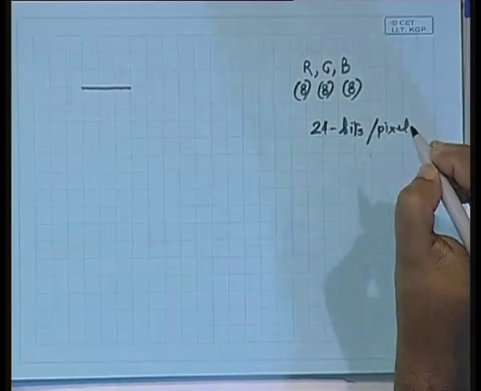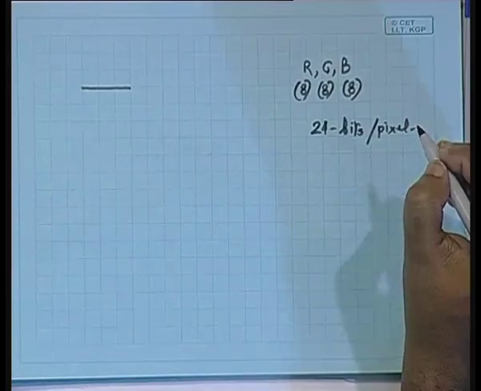But in RGB, the information pertaining to the color as well as the intensity is all embedded together. There is no separate information for the color or for the intensity. The R, G and B values themselves contain the intensity as well as the individual color planes.